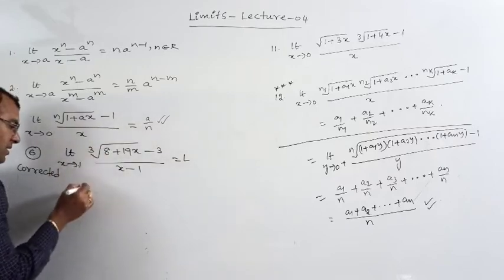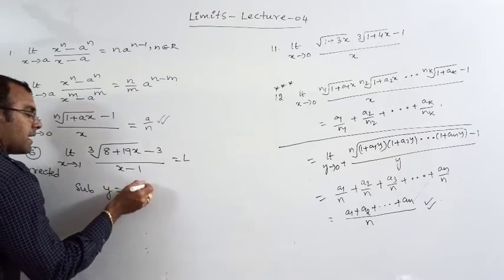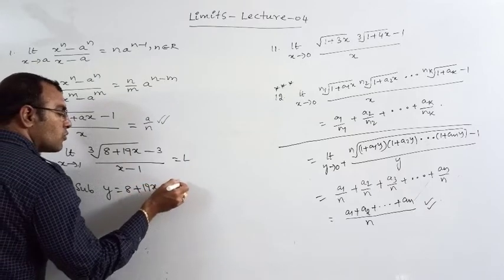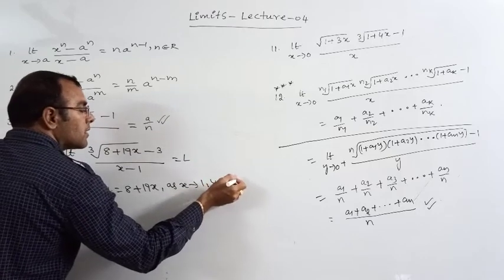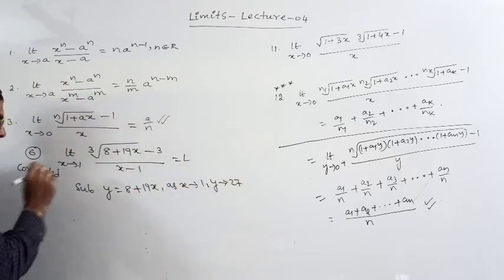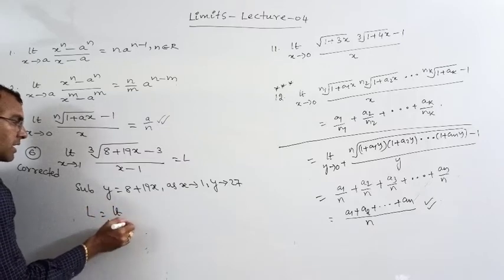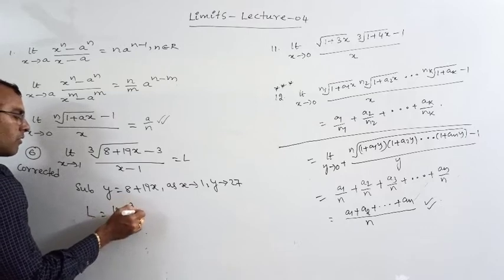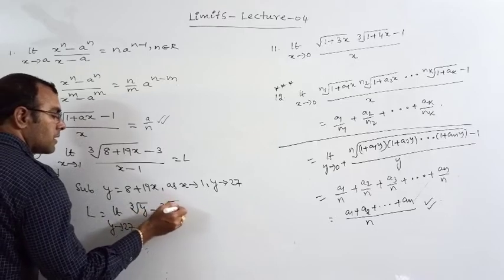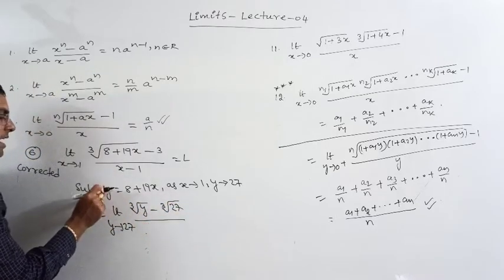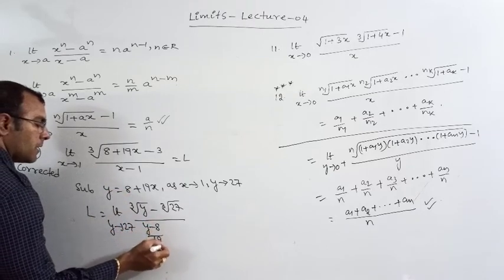So you can substitute y equal to 8 plus 19x. As x tends to 1, y tends to 27. So therefore L equals limit y tends to 27, cubed root of y minus cubed root of 27, by, here x value is y minus 8 by 19, minus 1.